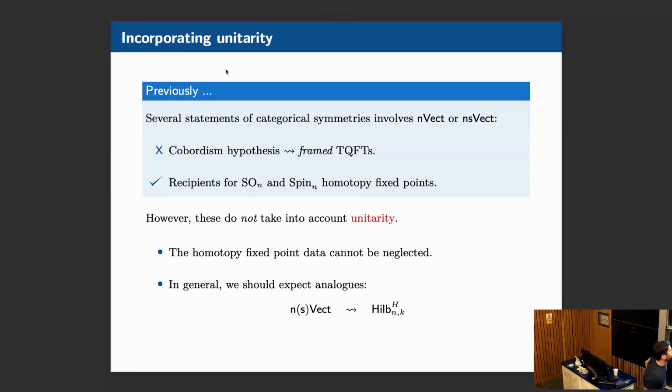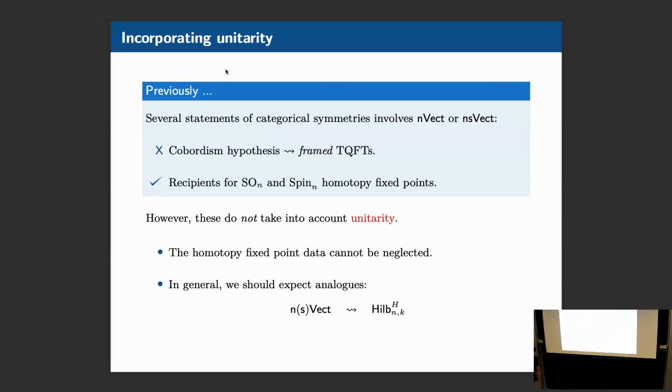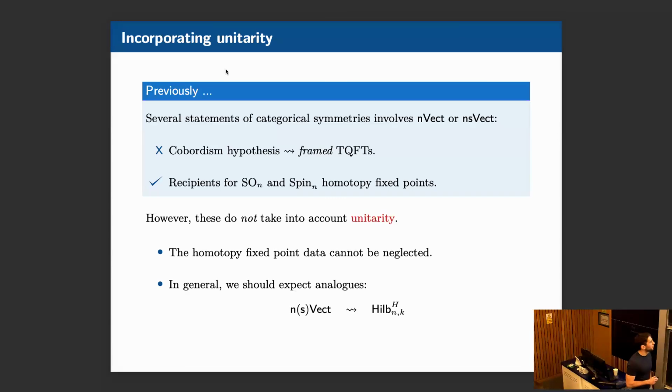In the literature, particularly in the physics literature, there are a lot of statements involving categorical symmetries that make use of higher categorical versions of Vect or higher categorical versions of SVect. This was so far kind of okay, although we know that these theories are intrinsically framed theories, but these statements were okay because we know that these were eventually good recipients, having SO or spin homotopy canonically trivializable homotopy fixed points.